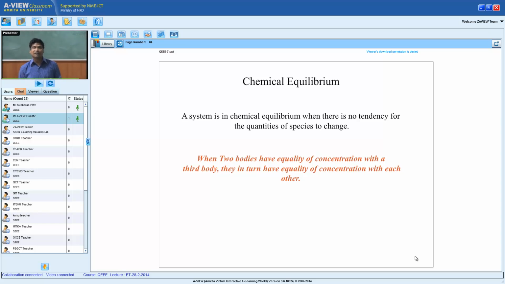So that's why you cannot simply say that when two systems are in chemical equilibrium, the concentration of one species is the same. What is that species? I need to know. So any species, when they are in equilibrium, will be in chemical equilibrium when the concentration is the same. So the chemical equilibrium develops many modern instruments.